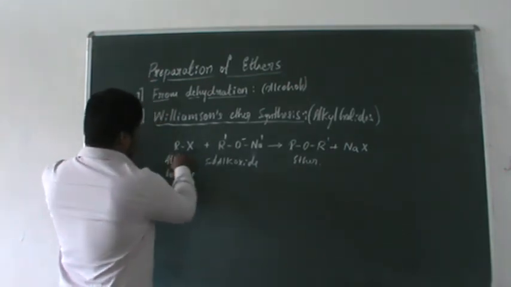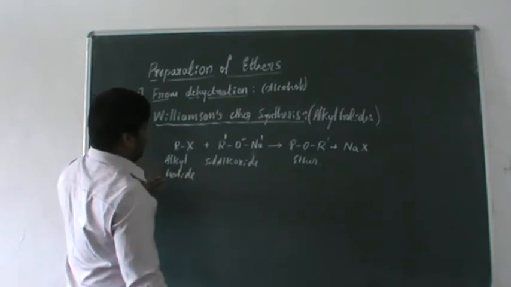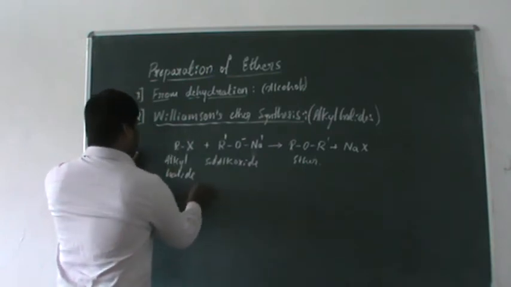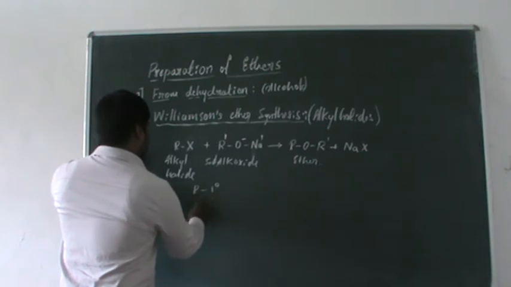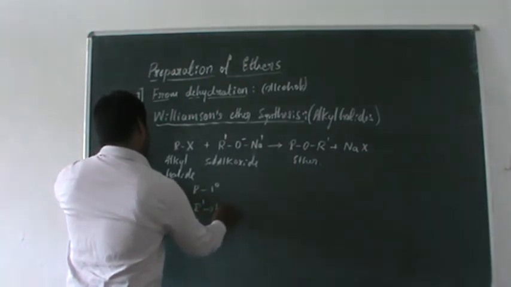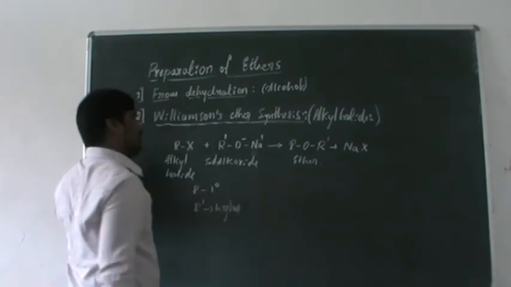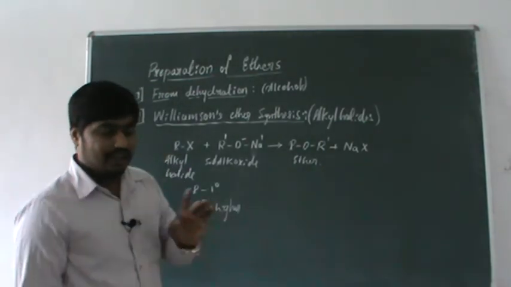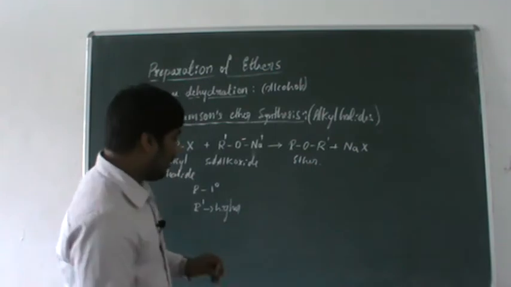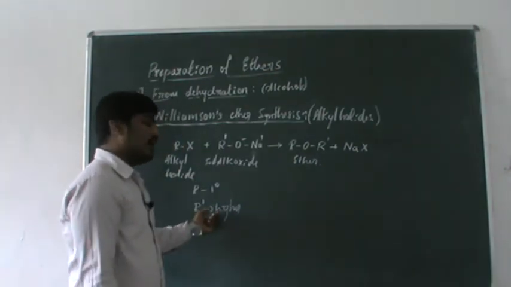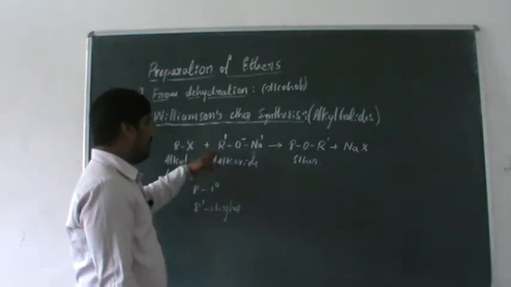The important thing is, in this case, R should be primary and R dash should be a higher alkyl group. R should be primary alkyl and R dash should be a higher alkyl group.